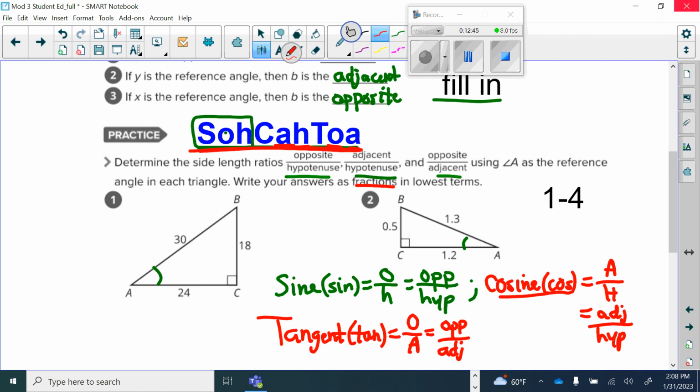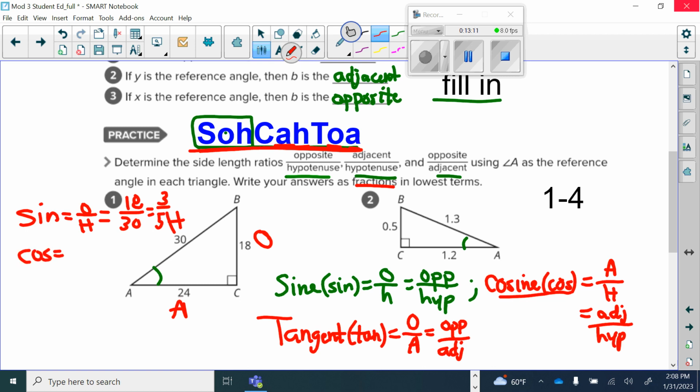SOHCAHTOA. All right, so I'm going to say sine equals opposite over hypotenuse. So first I'm going to label the hypotenuse, label the opposite across from, and the adjacent. And now I just fill it in. So the sine, opposite, 18 over 30. Reduce it. GCF is 6, and you get 3/5.